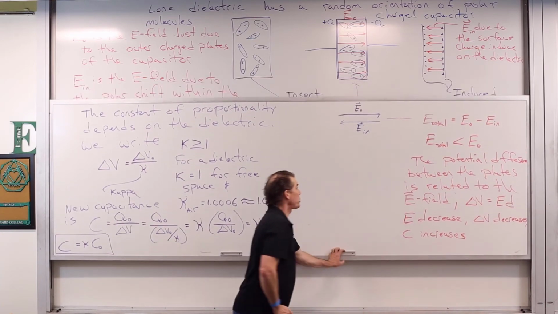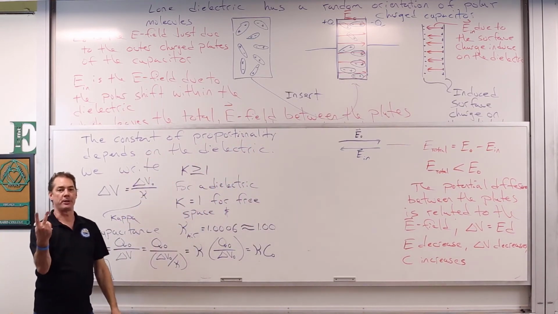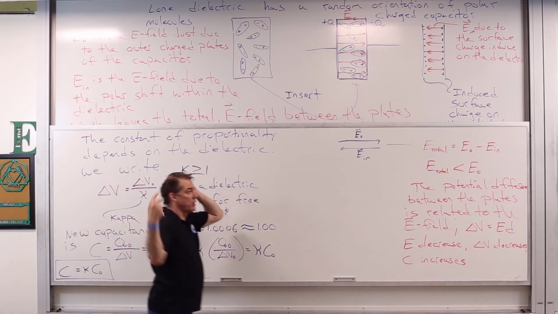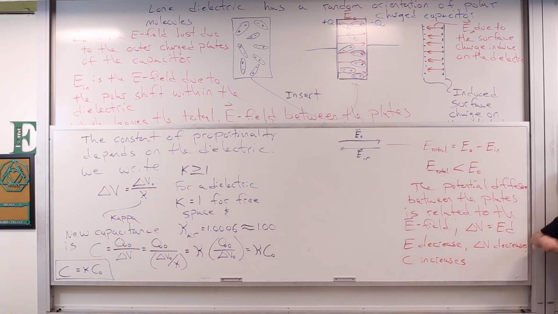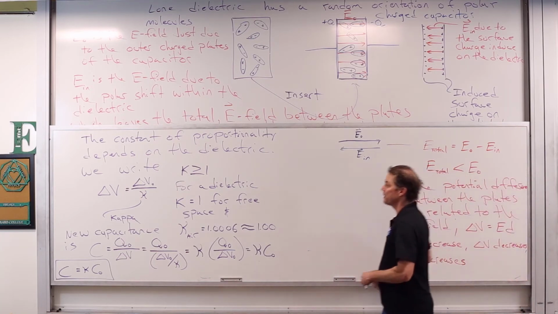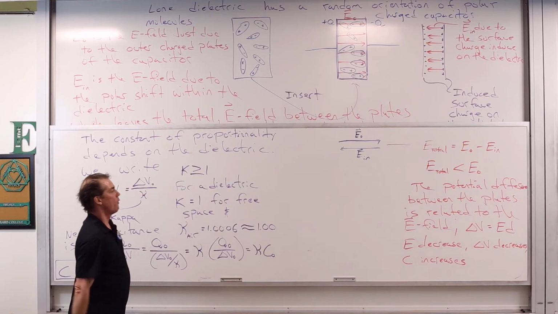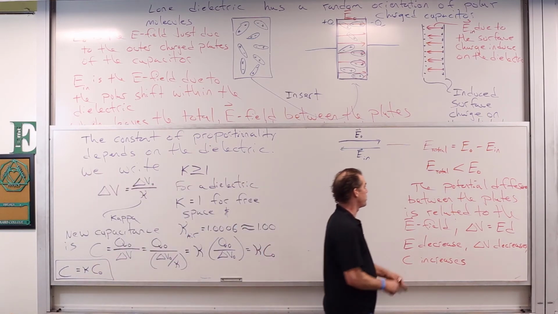So ultimately, it's traced back to what happens with the electric field between the plates when we insert this material. We weaken the overall electric field, we then have a potential difference that's less than what it was before, and thus we have an increase in the capacitance of the system, because the capacitance is inversely proportional to the potential difference across the plates of said capacitor. So we could put all this together and note some other things regarding surface charge densities.